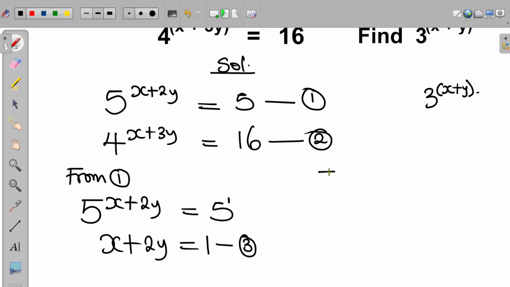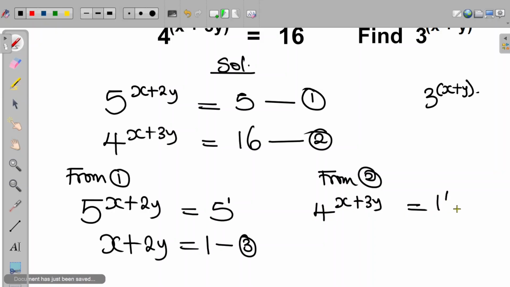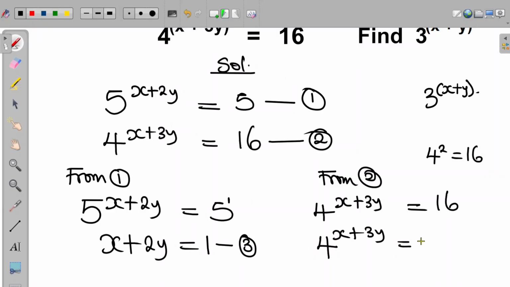Also, from equation 2, we have that 4 raised to the power of x plus 3y is equal to 16. Now, we can express 16 in the powers of base 4 because 4 squared is equal to 16. So this becomes 4 raised to the power of x plus 3y is equal to 4 raised to the power of 2.